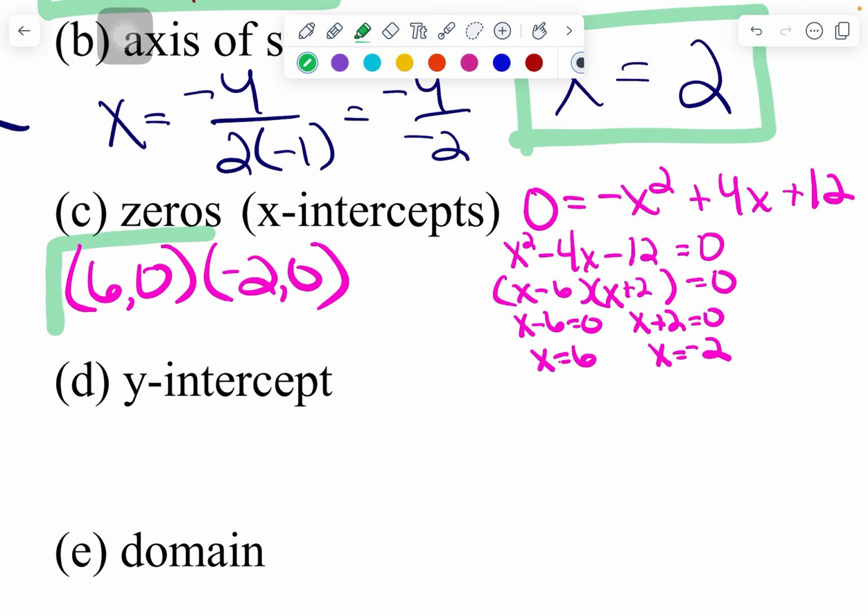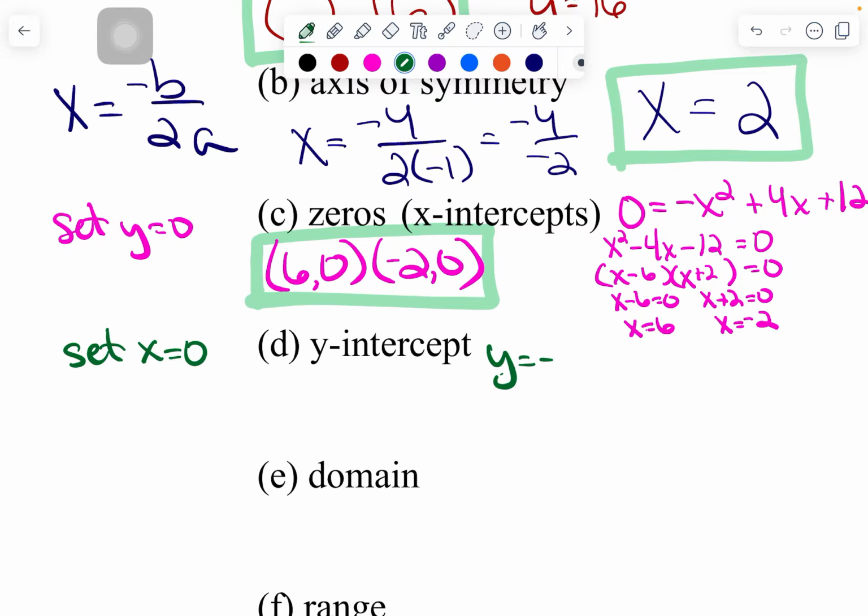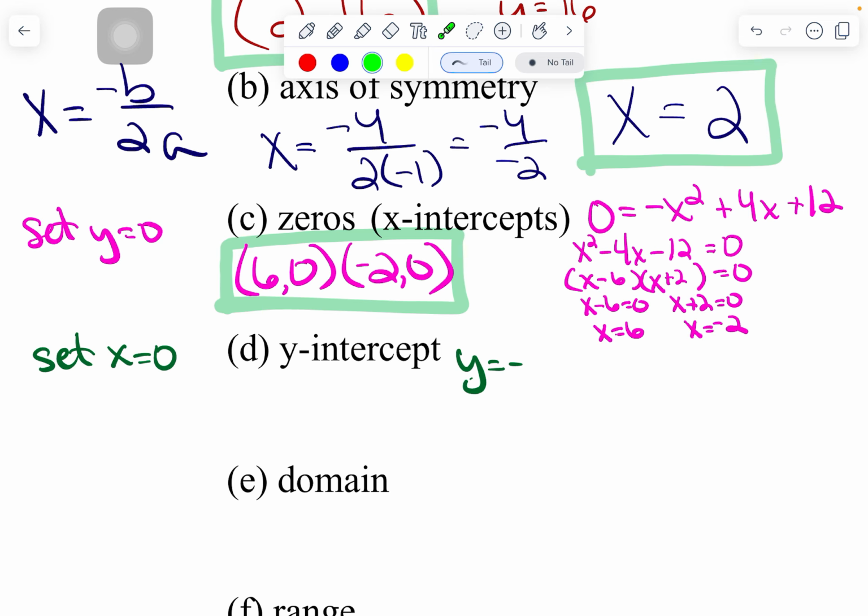What I need to now figure out, once I've done the zeros, the x-intercepts, is where I cross the y-axis. So for the y-intercept, I am going to set x equal to 0. So the original problem was y is equal to negative, and I actually have it basically right here. But everywhere I have an x, I'm going to replace it with 0. So negative x squared, replace the x with 0, plus 4x, replace the x with 0, plus 12.